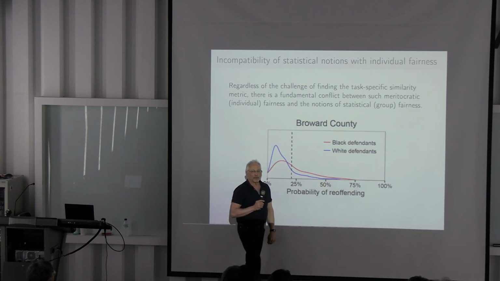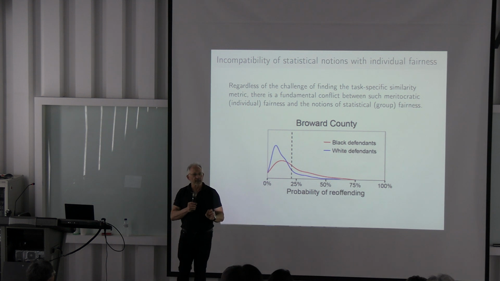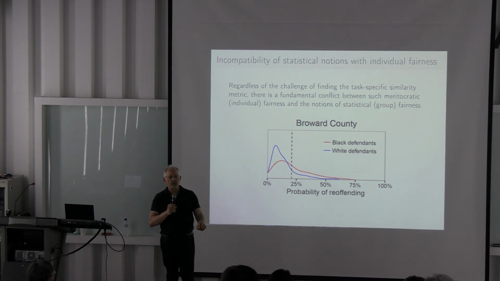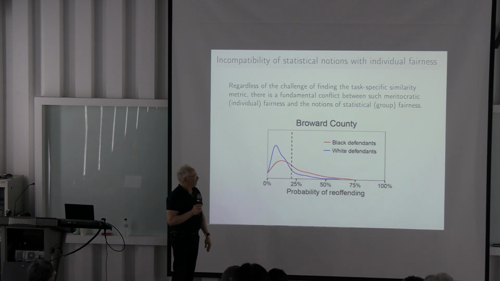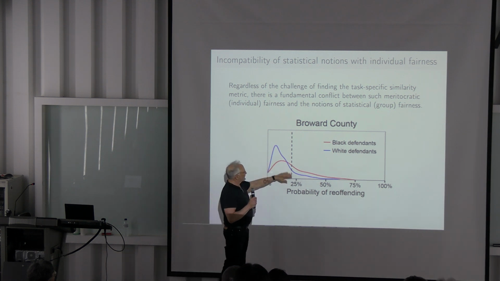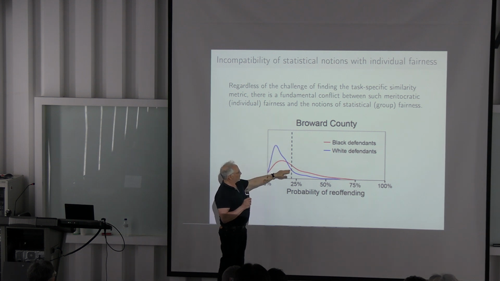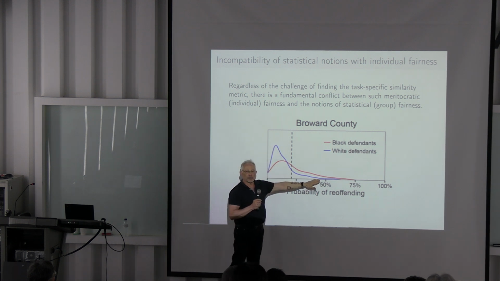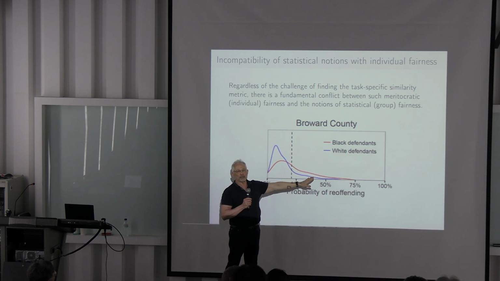for black people. So you look at your population, you look at the people that came to court, you look at the record a year from the appearance in court, and you ask whether they had a record of reoffending within this year, and you see what percentage of them were, I mean, what is the histogram of the population in terms of the chance of reoffending.